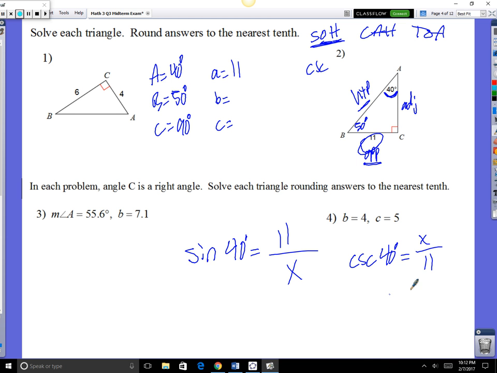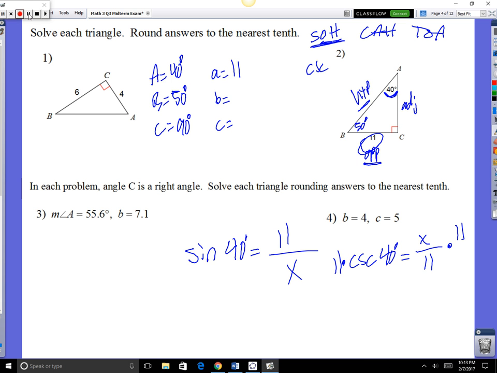And now this one is easier. We're going to solve for x, so let's undo divide 11. So times this side by 11, times this side by 11. And on your calculator, if you punch in 11 times the cosecant of 40 degrees, that will give you the answer.